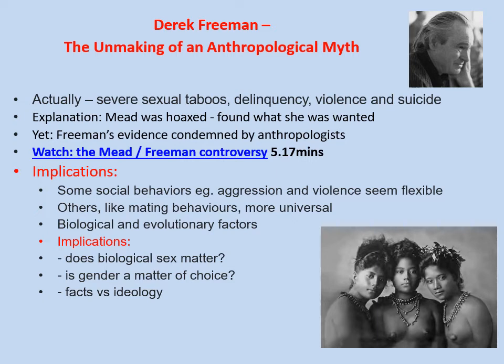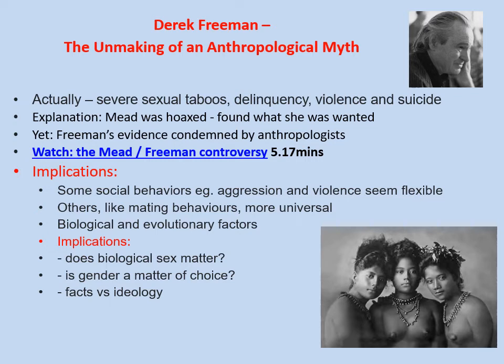It turns out that some social behaviors, such as aggression and violence at a social level, can probably be decreased as civilizations become more sophisticated. On the other hand, other behaviors like mating behaviors, sexual behaviors appear to be universal across different cultures.